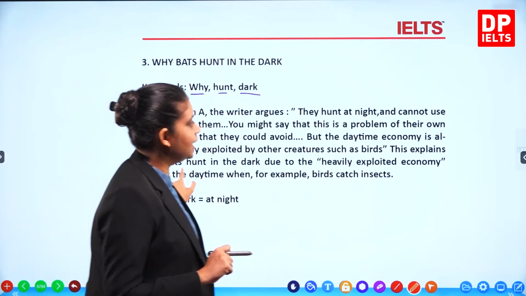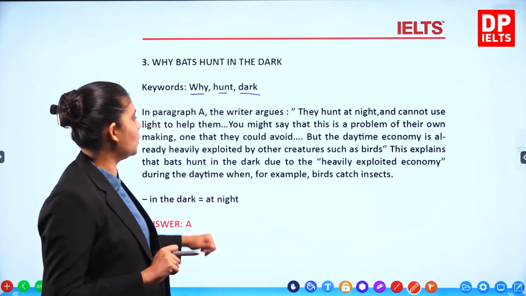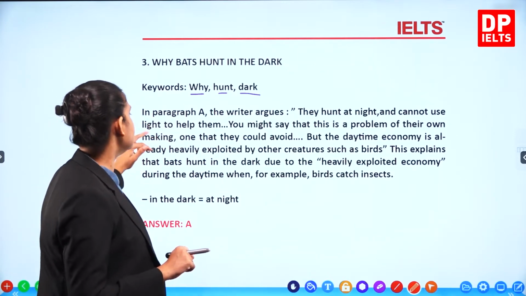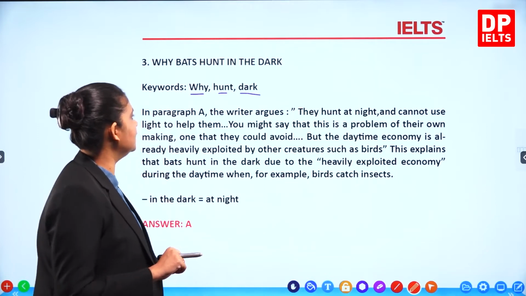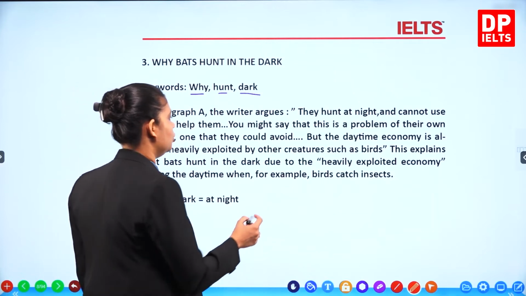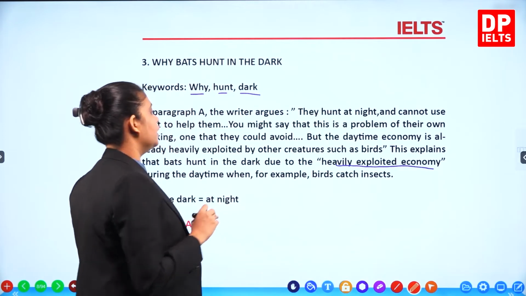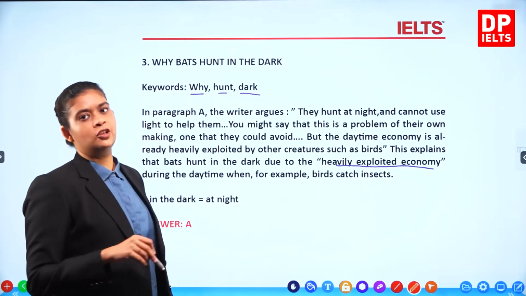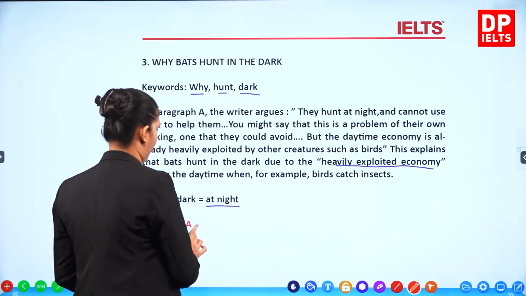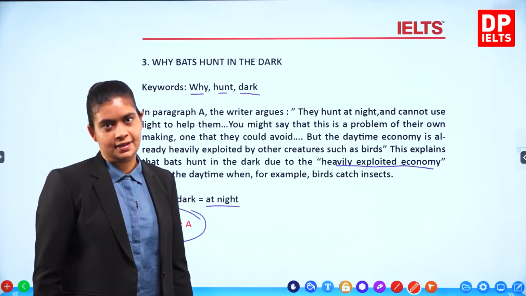But the daytime economy is already heavily exploited by other creatures such as birds. This explains that bats hunt in the dark due to the heavily exploited economy. During the daytime, for example, birds catch insects, right? So, you can see in the dark is the night time. So, with that you can understand that we have chosen answer A.